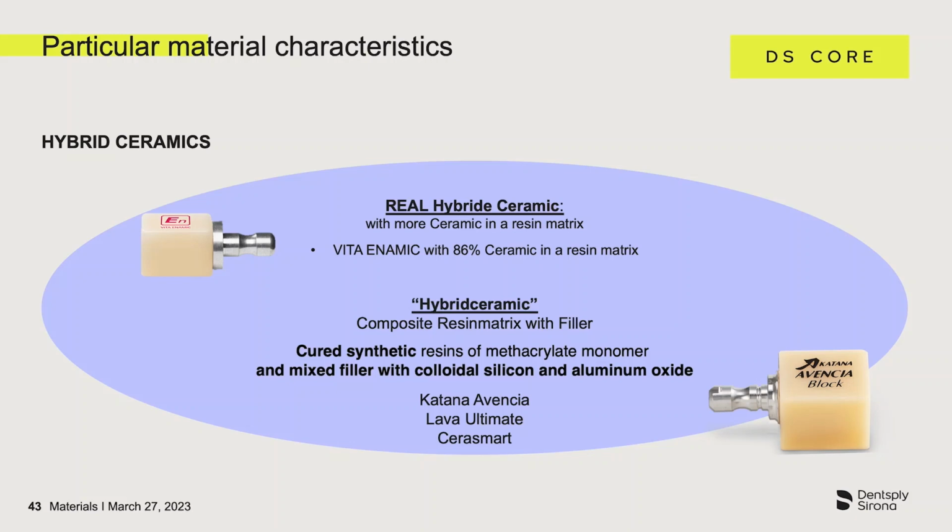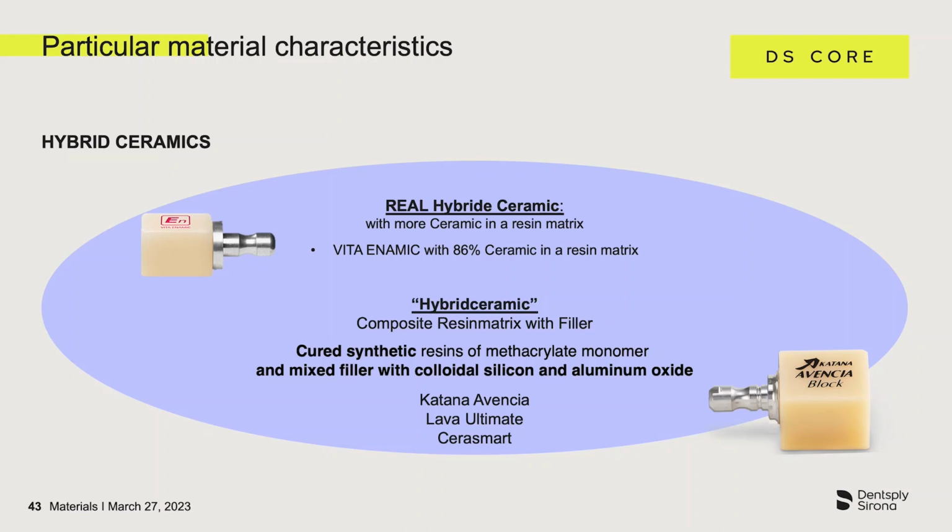The name hybrid ceramic hides the fact that it is a mixture of different materials. Here we have the real hybrid ceramic Vita Enamic with a proportion of 86% ceramic in a composite matrix. This means that the ceramic portion is predominant. The other materials consist primarily of a composite resin matrix with various fillers.